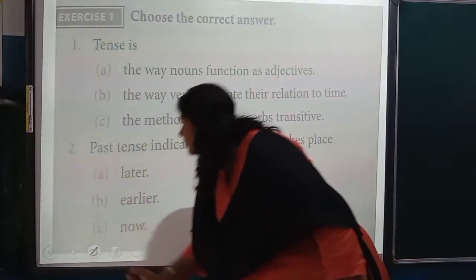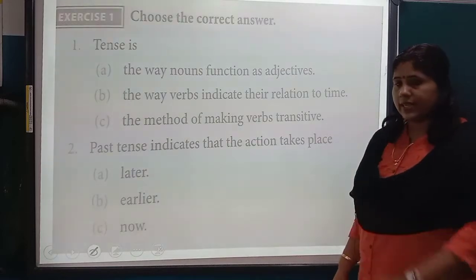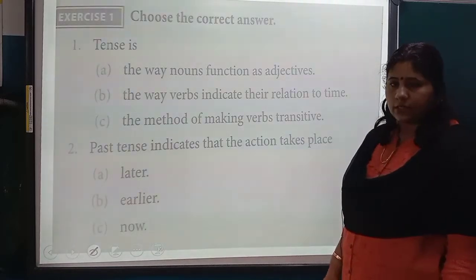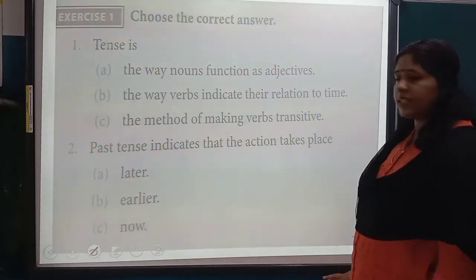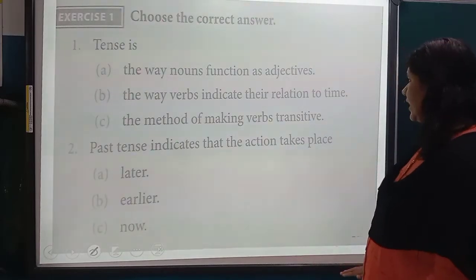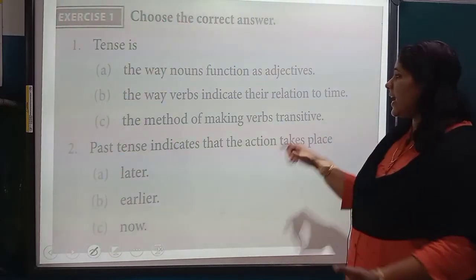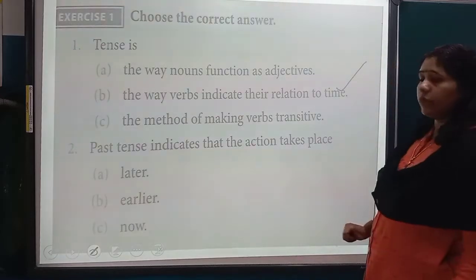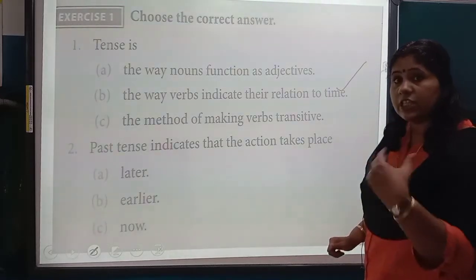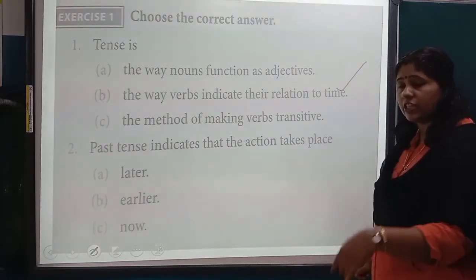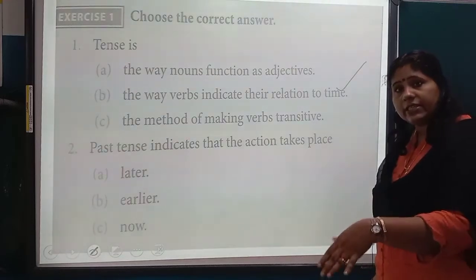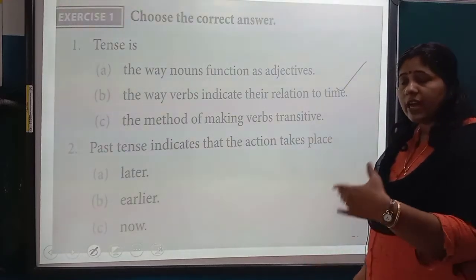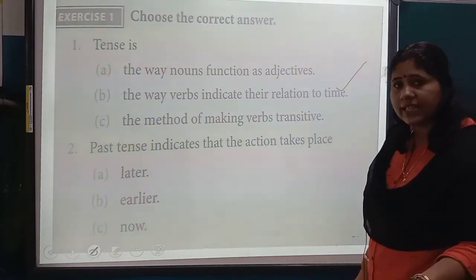Next. Now, let's do the exercise. Choose the correct answer. Tense is what? The way verbs indicate their relation to time. Understood? If it is past tense, we will add was. If it is present tense, we will add is, am, are, or we will add s to the verb. It is simple present tense then.